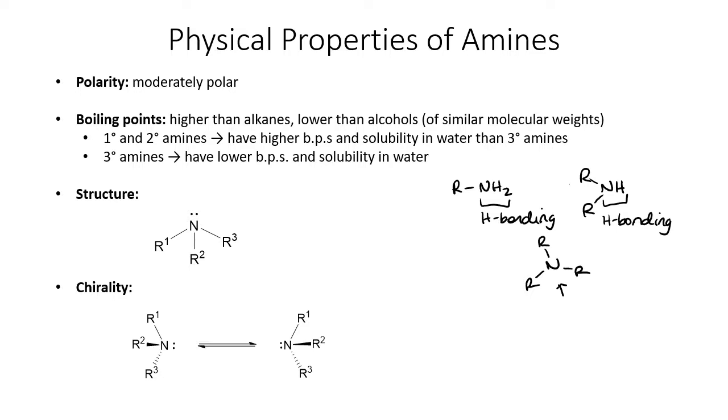Now, as far as the structure of amines, when nitrogen is bound to 3 R groups, and these can be either hydrogens or carbons or other atoms, as well as a lone pair, this is when nitrogen is sp3 hybridized. In sp3 hybridization, we have 4 hybridized orbitals.